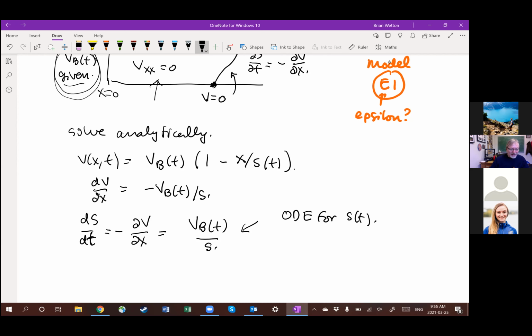I can look at that and multiply through by s and dt and integrate both sides. And then, of course, you have to try and invert the function, but let's say you could do that.